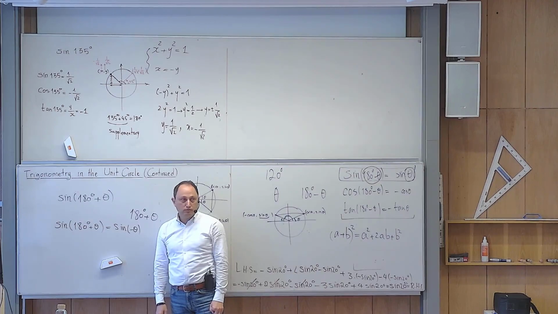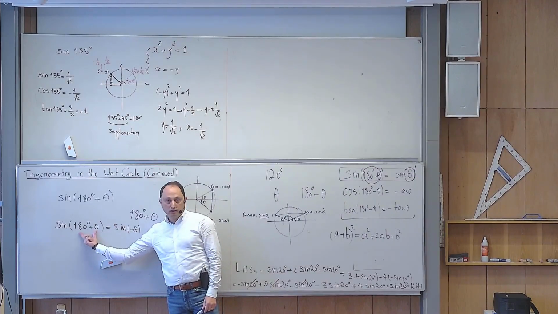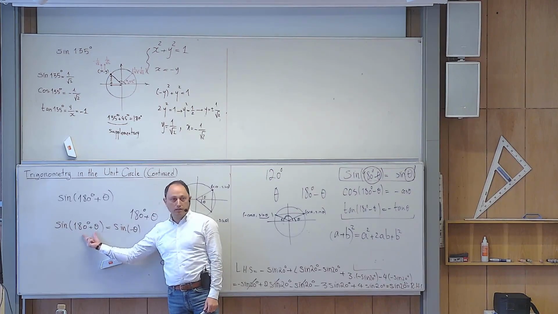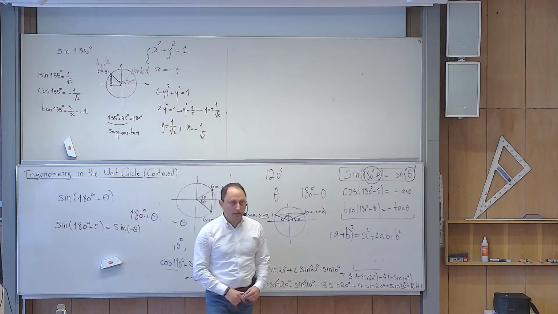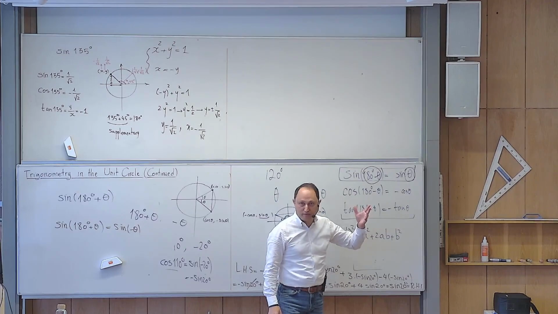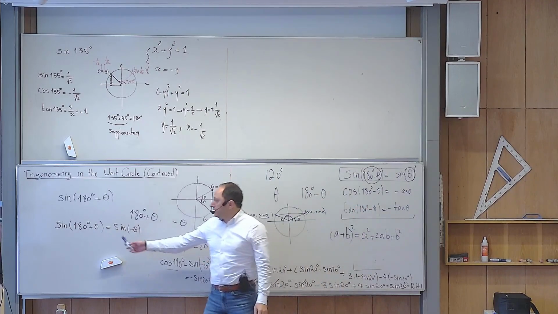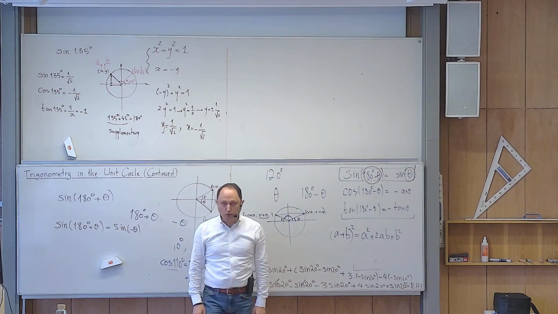Yes or no? Yes. Why? Because this angle and that angle are supplementary. They add up to 180 degrees, yes? So now I have two angles which are supplementary. The message of this formula is important, not the formula itself. The message tells you that if you have two supplementary angles, then the sines are equal.